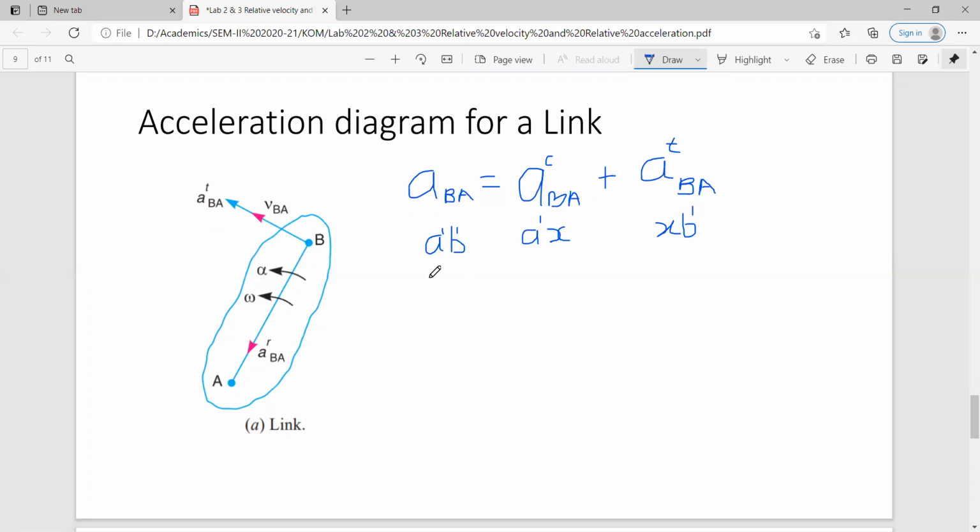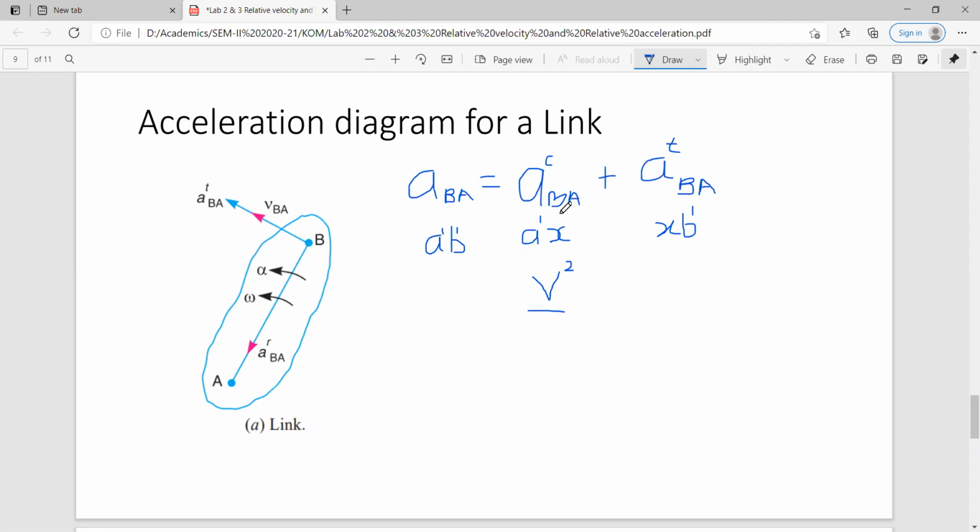Remember this. So label you have decided how to do the labels. Now about the magnitude, you already know how to find out the magnitude. It is the centripetal component of acceleration of b with respect to a. So formula for calculating the centripetal component is v square upon r.